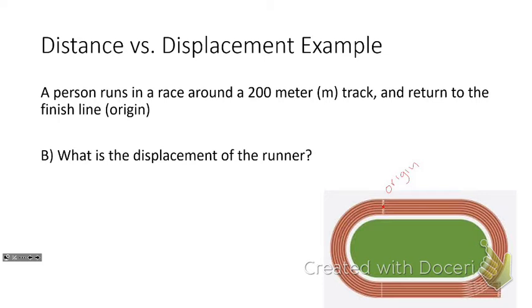So if it starts, goes around the track, and returns to the starting point, displacement is 0. So delta D with the vector hat equals 0 meters. Can everybody see that? This is important. Make sure you know this. You might see it on an assessment.